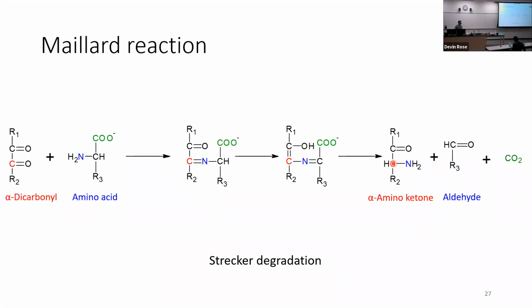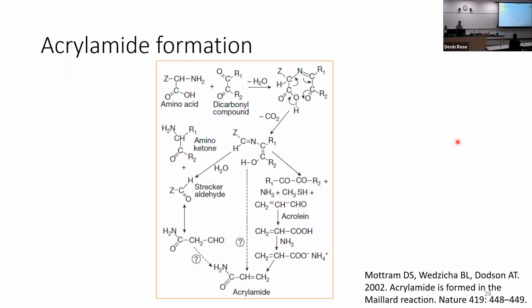Here's Strecker degradation again. The diketo group with an amine. They trade places, and we form that aldehyde with one less carbon than before. Here is acrylamide formation.